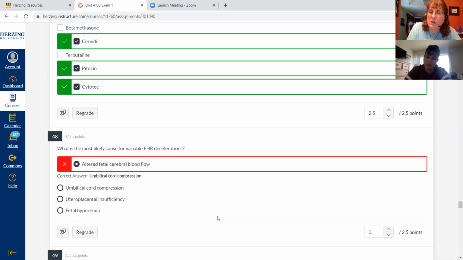The 3 that we worry about are late, variable, and what's the other one? I'm drawing a blank at the moment. But that whole thing she was telling us about how the baby comes out, that's how you would remember this. What comes out first would be your head, then the cord would come out next, and then the placenta would come out last. Yeah. I think that's how that goes.